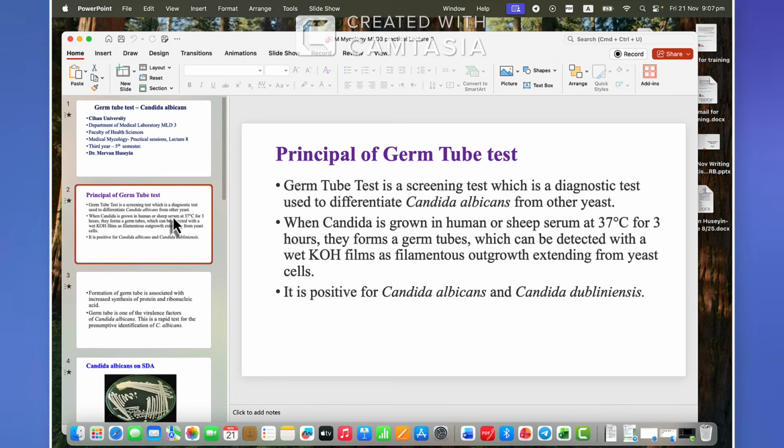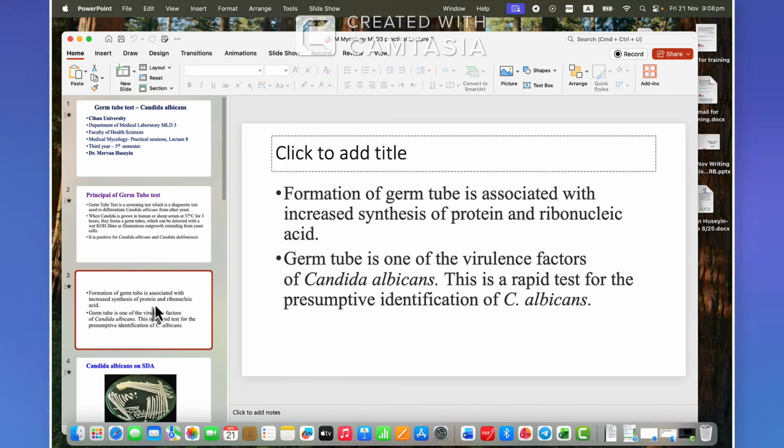So detection of the germ tube in serum after incubation at 37, and it is positive in Candida albicans and Candida dubliniensis. Just those two species, but the other species are negative.